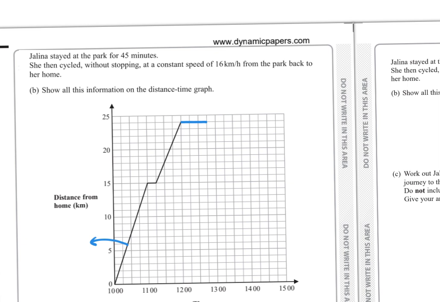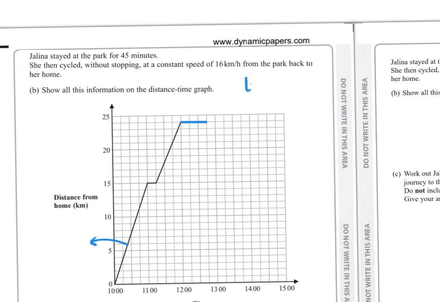Now she stayed at the park for 45 minutes. Then she cycled without stopping at a constant speed of 16 kilometers per hour from the park back to her home. So she needs to cover 24 kilometers at a speed of 16 kilometers per hour.